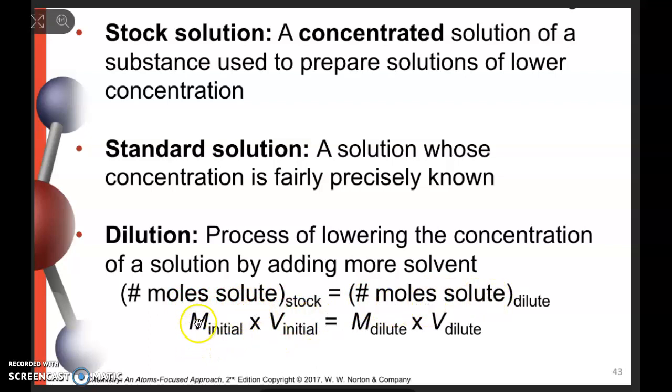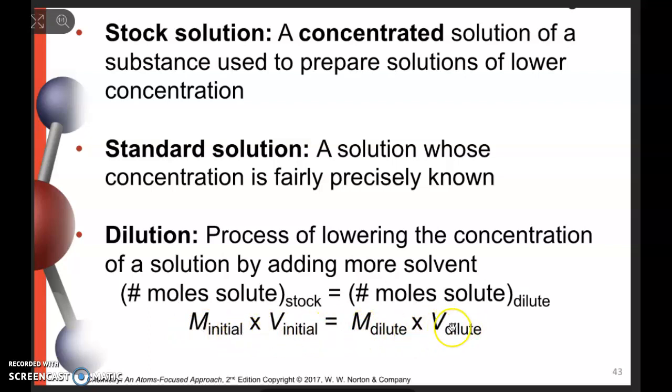And so if I take the molarity of my stock solution and I multiply by the volume of my stock solution, that combination, molarity times volume, will give you moles. And if I do that to both sides, these values will be equal to each other.